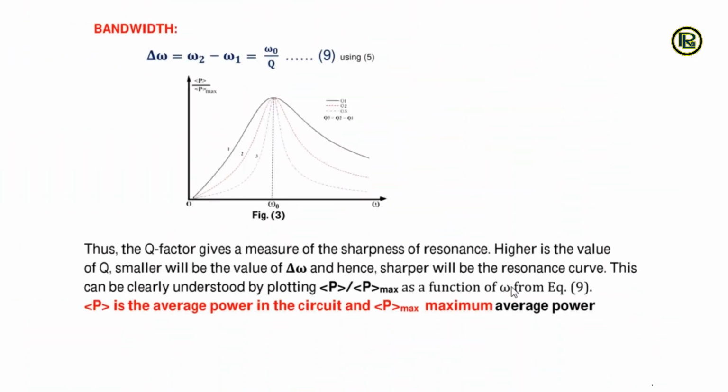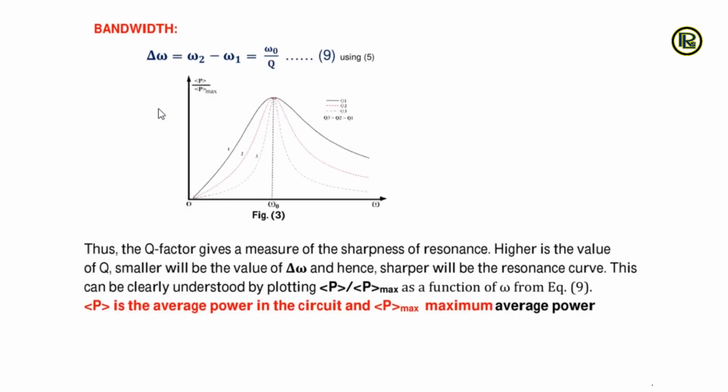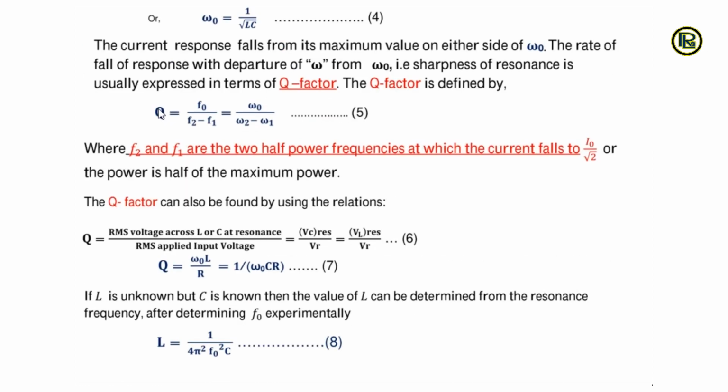If the resistance R of the circuit is small compared to omega 0 L or 1 by omega 0 C, that means resistance R is small compared to the reactance of the inductor or the reactance of the capacitor, then Q may be large compared to unity. That I showed here in equation number 7. So if R is small, then Q is large.